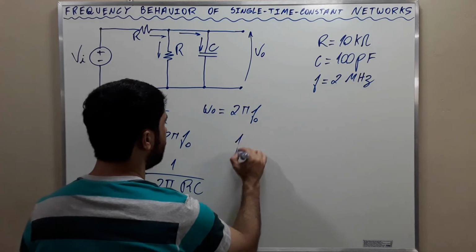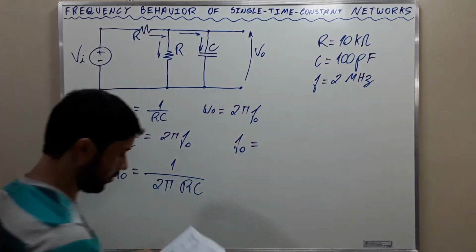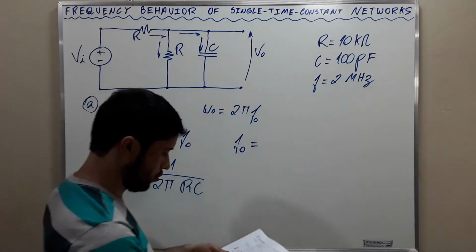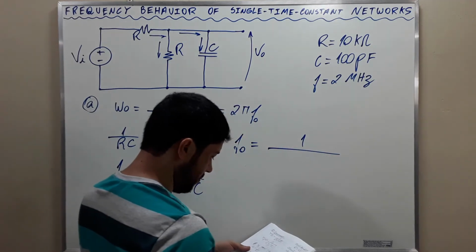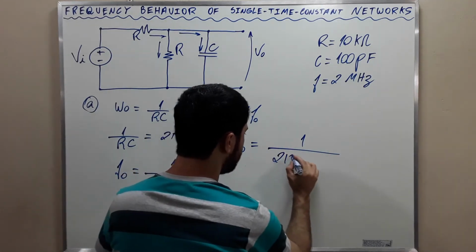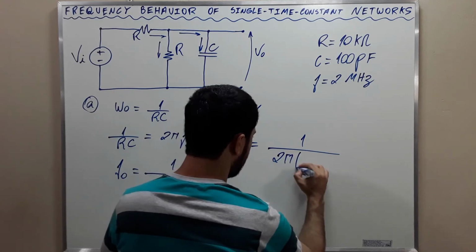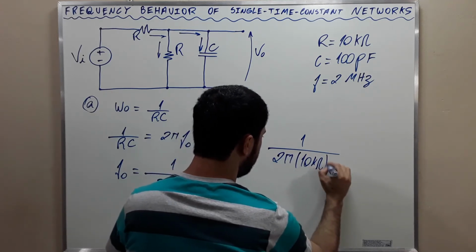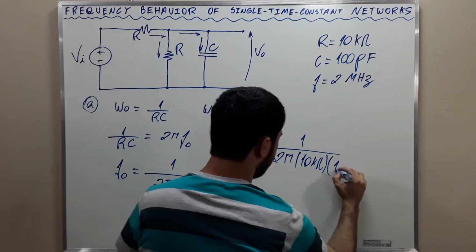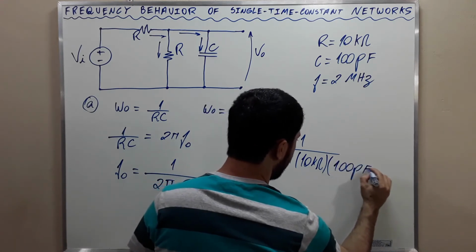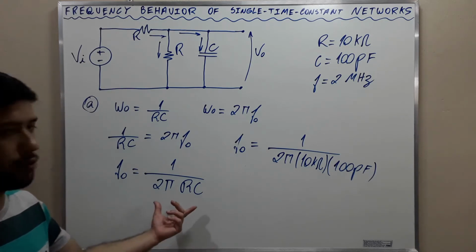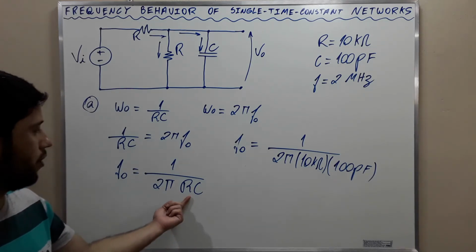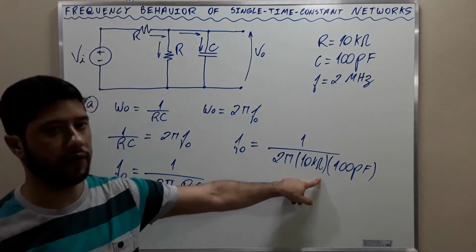So F0, the corner frequency, is going to be equal to 1 over 2 times pi times 10 kilo ohms times 100 picofarads. Did you comprehend it? From this, I arrived at this.